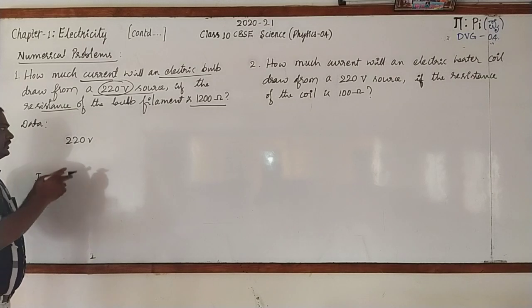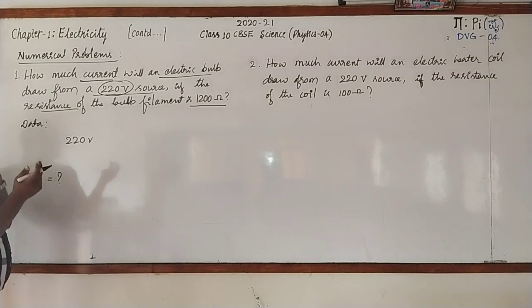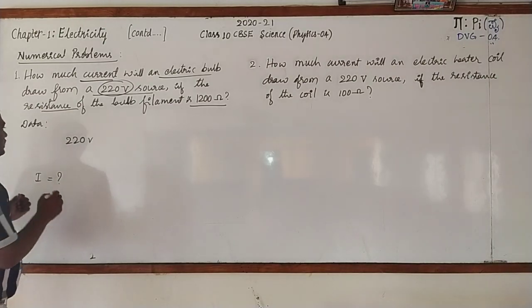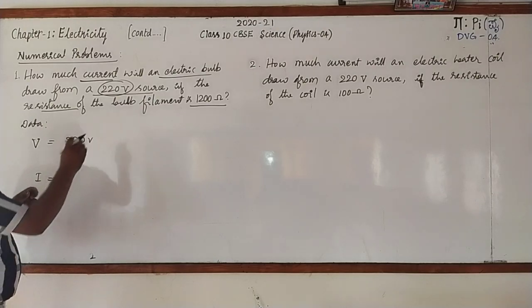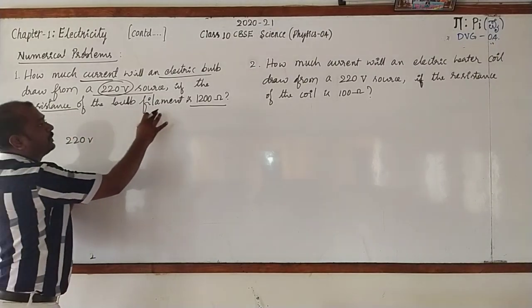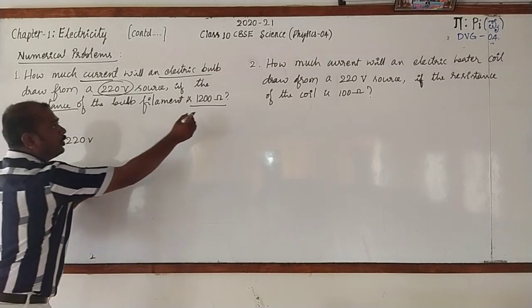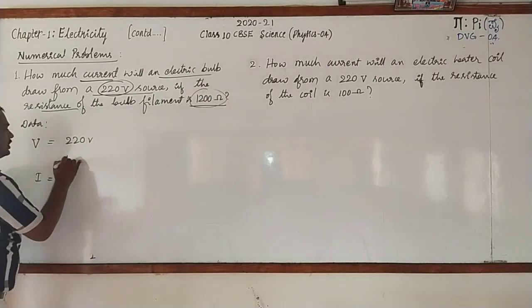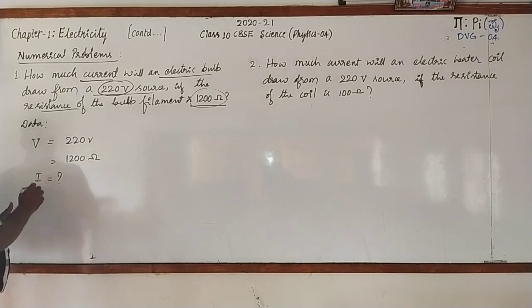It is the magnitude of the physical quantity, voltage, nothing but potential difference. Here I write V is equal to 220 volt. If the resistance of the bulb filament is 1200 ohm, here 1200 ohm is equal to what? Ohm is the unit of electric resistance.